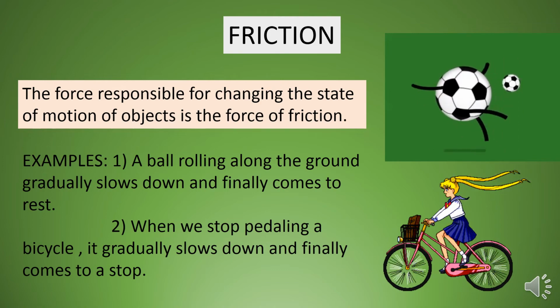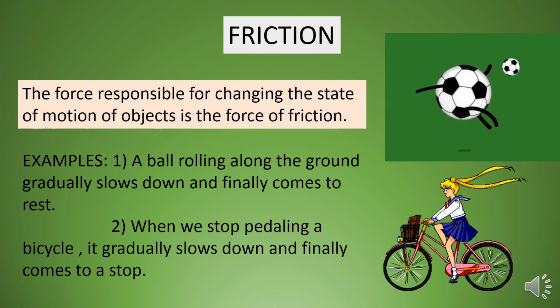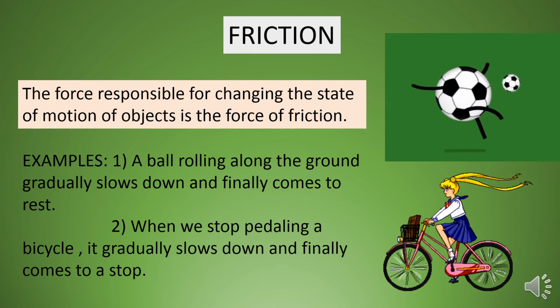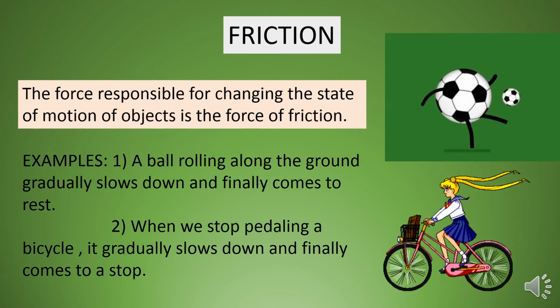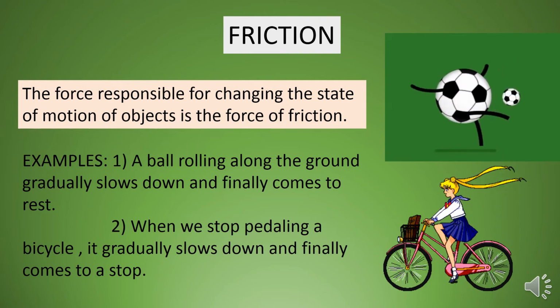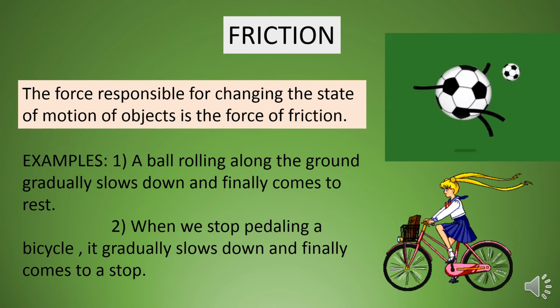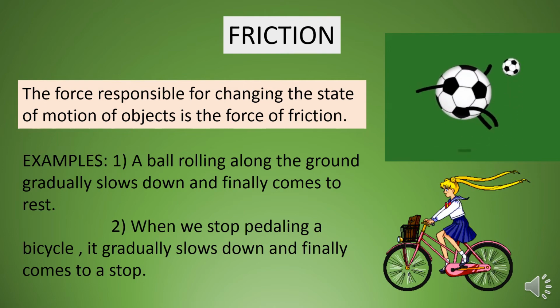And finally it comes to rest. While moving, at that time only the force of friction is produced. When it comes to rest, there will be no motion, and there will be no force of friction as well.